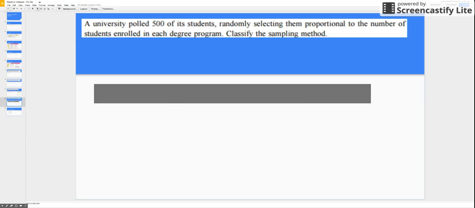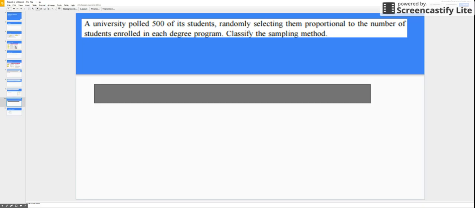The last example: a university polled 500 of its students, randomly selecting them proportional to the number of students enrolled in each degree program. Classify the sampling method. You're starting with the university's students, and you're placing them into groups determined by their degree program.